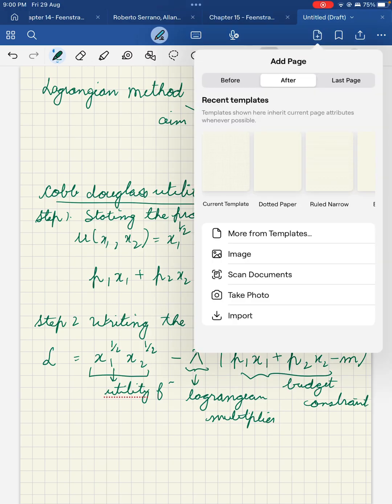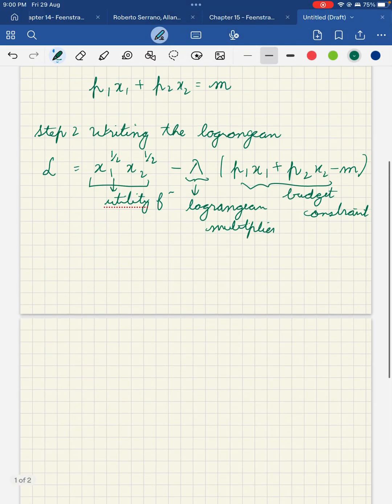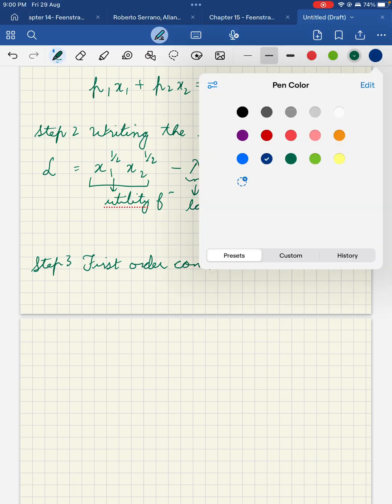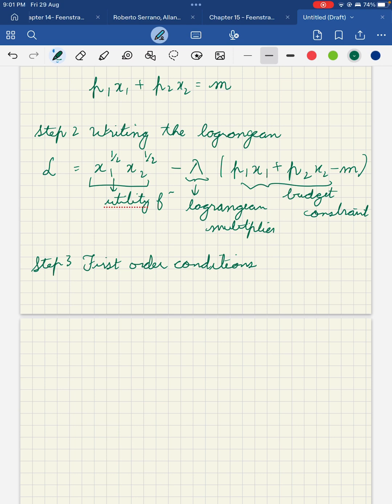What do I do next? I add another page because I need space. And then my third step comes in. My third step is to write the first order conditions. What are first order conditions? First order conditions are basically taking the partial derivatives.